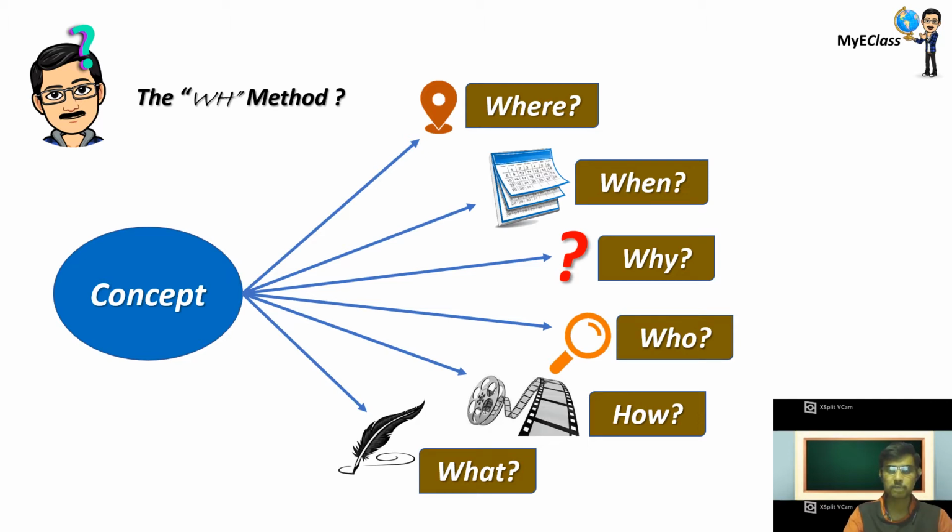When you adopt the WH method, as you can see on the screen, if you are going to explain and answer those 3 and 4 marks questions using this method, already there will be 6 points in your pocket to answer those questions.